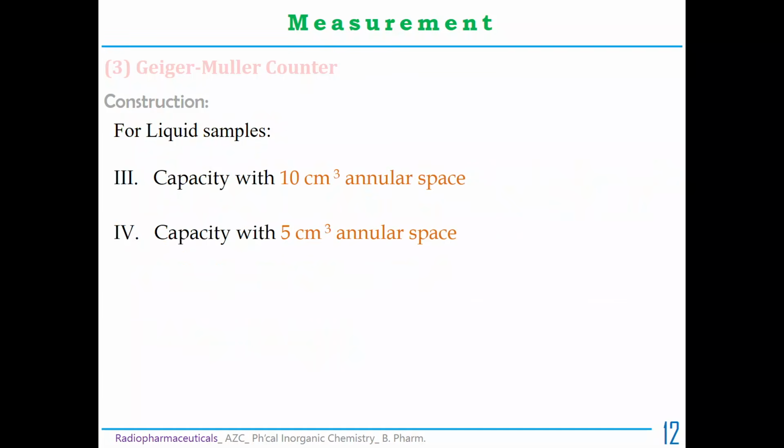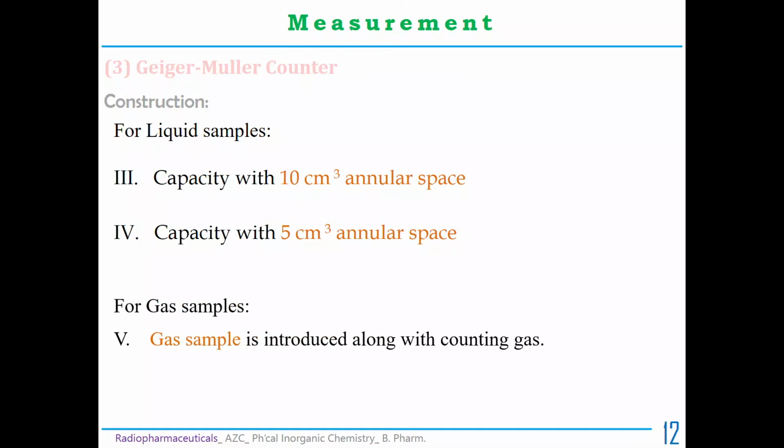For liquid samples, have capacity with 10 centimeter cube annular space and capacity with 5 centimeter cube annular space. For gas samples, gas sample is introduced along with counting gas.